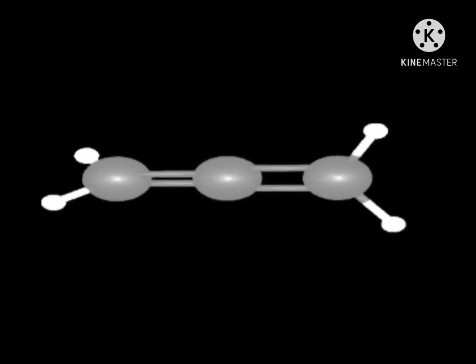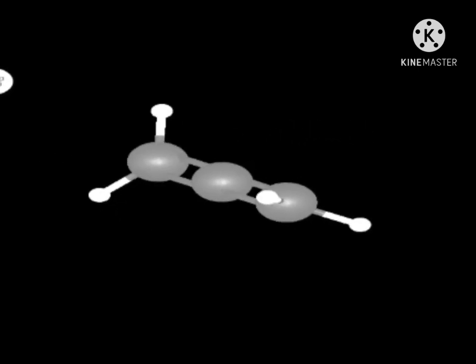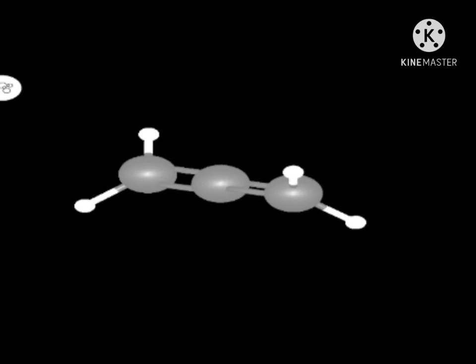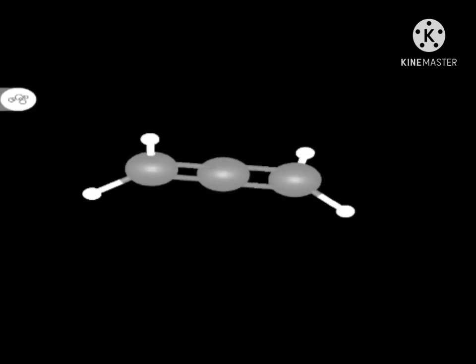This is the basic structure. From this structure it is clear that if we replace hydrogen and substitute any other group, the molecule formed is a chiral molecule.